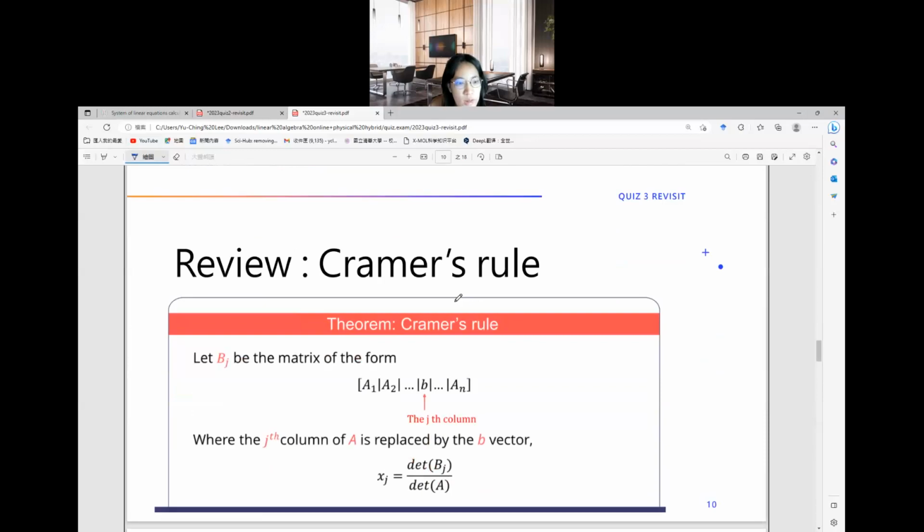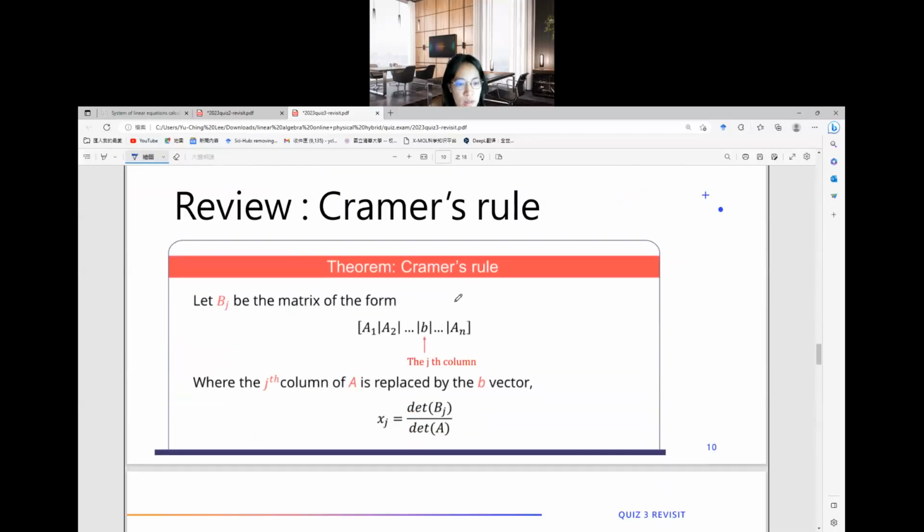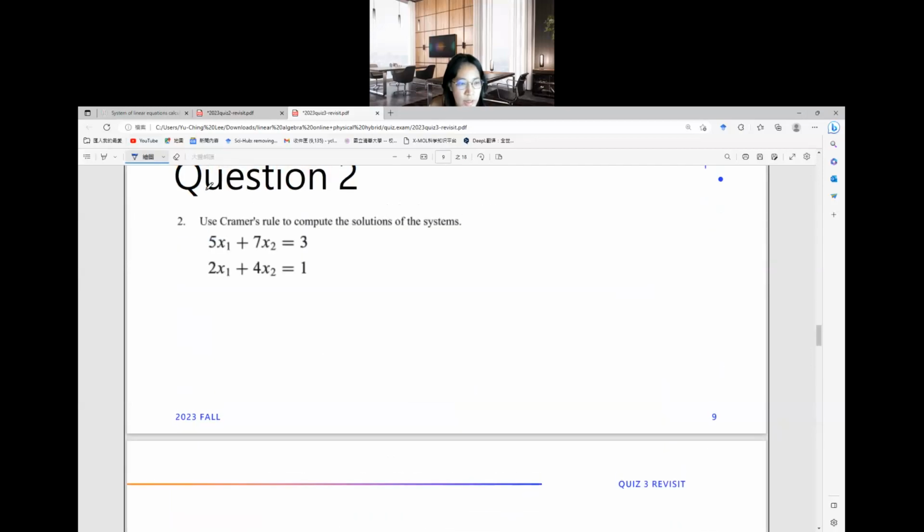So let's review what Cramer's rule is. This is to compute Ax equals b, where b is a lowercase vector. Basically, this is the case where the A matrix is 5, 2, 7, 4, and then the b vector is 3, 1.